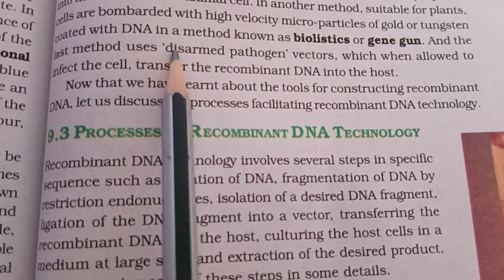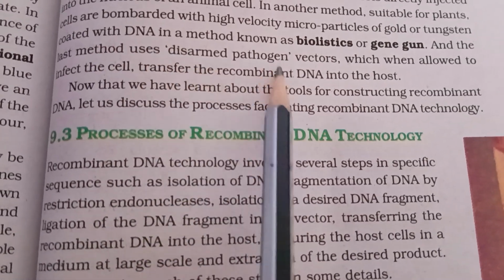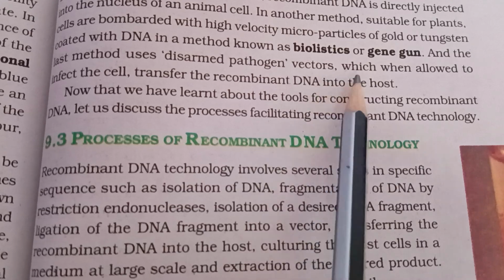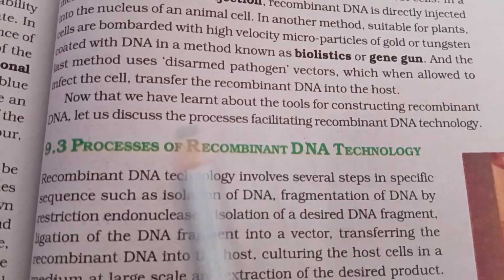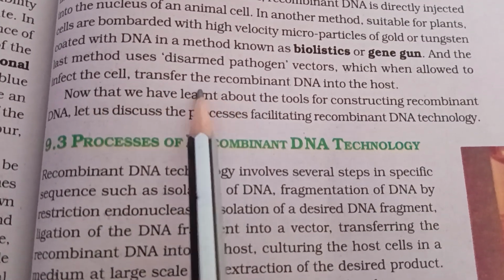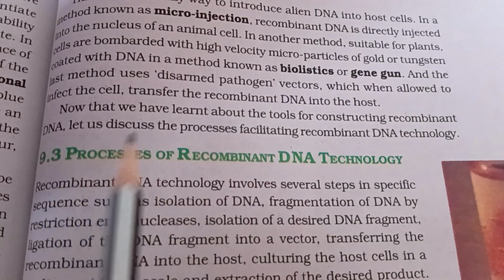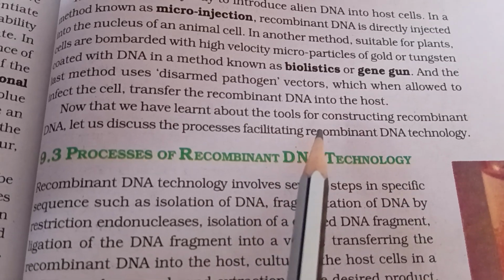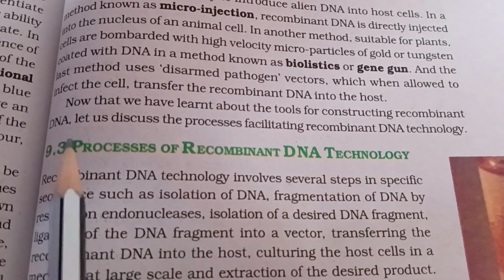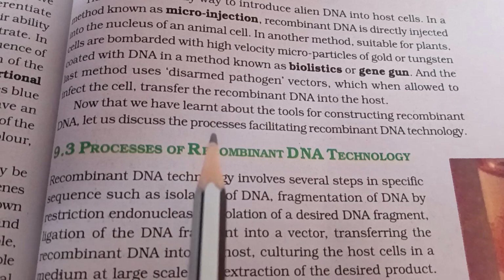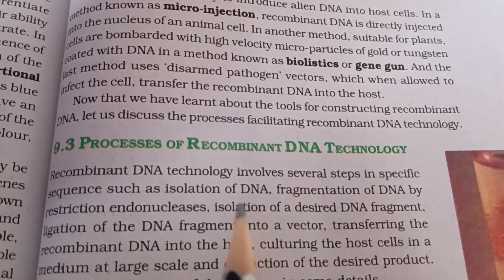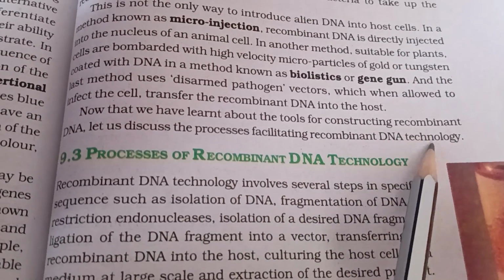And the last method uses disarmed pathogen vectors which, when allowed to infect the cell, transfer the recombinant DNA into the host. Now that we have learnt about the tools for constructing recombinant DNA, let us discuss the processes facilitating recombinant DNA technology.